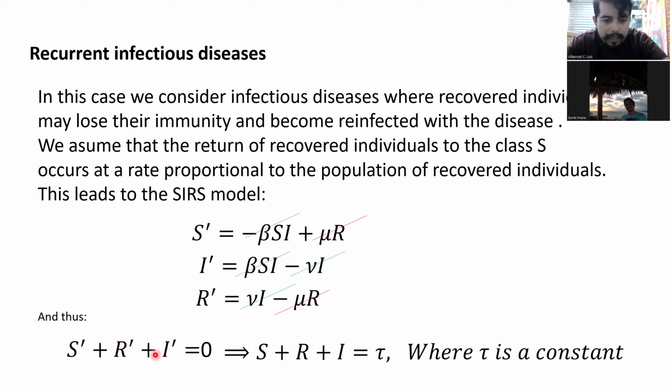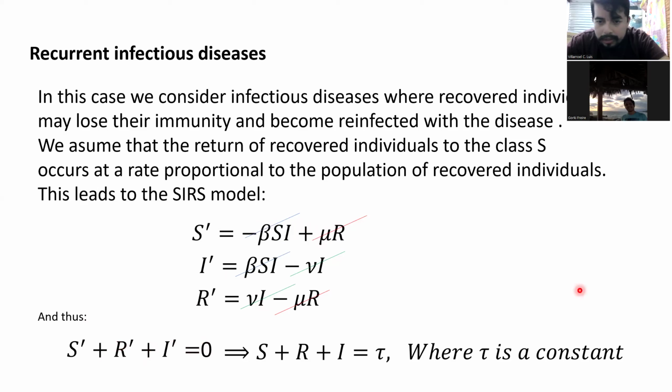with R prime and I prime, this is going to be minus beta S I plus beta S I, minus mu R plus mu R, and beta I and B I minus B I. So all these factors are going to cancel pairwise. In summary, this sum is going to be 0.